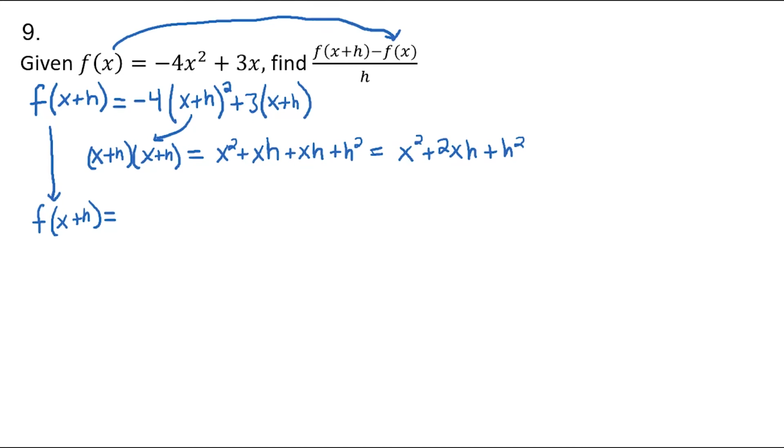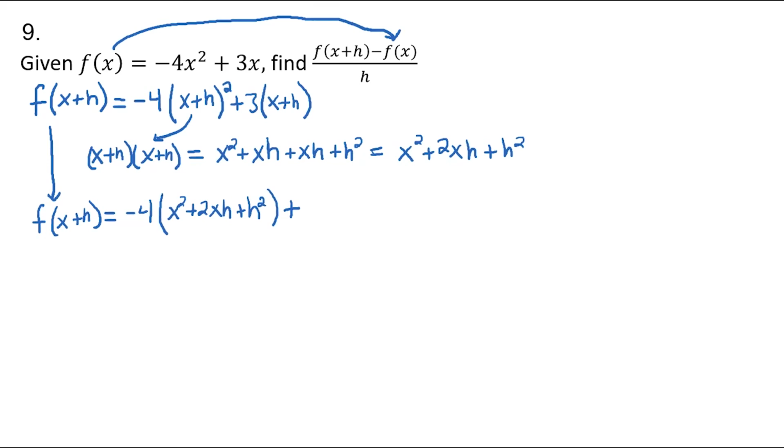So we have negative 4 times the quantity x squared plus 2xh plus h squared, and this is plus, now I'll go ahead and distribute this.